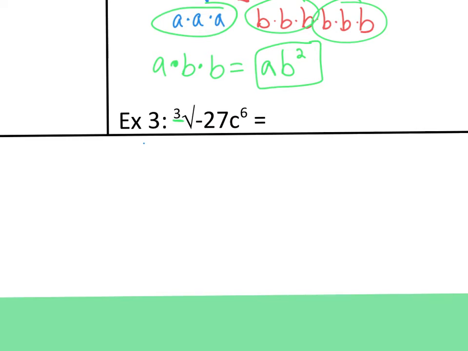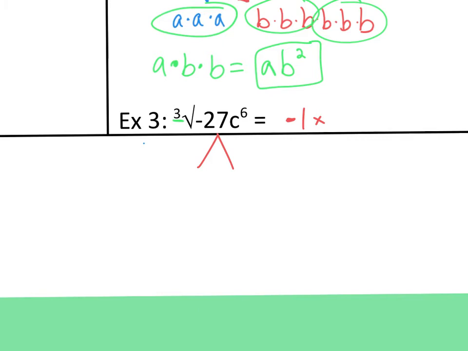Think back to our cubed root of negative 8. We had the 3 negative 2's. That was okay. So for this one, I'm just going to go ahead and pull out that negative, because I know if I have that underneath, my answer is going to be negative. Now I'm just going to break down the 27.